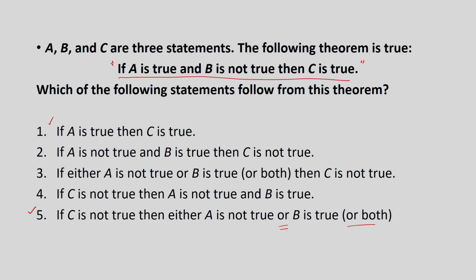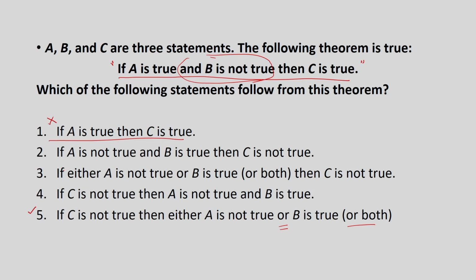Does it follow? What is this theorem saying? If A is true and B is not true, then C is true. So, this part has been ignored here. So, the first one is not correct. Similarly, you can see the other 3 are also not correct.